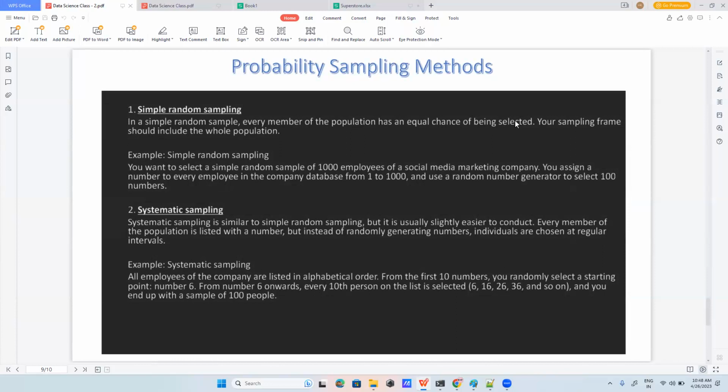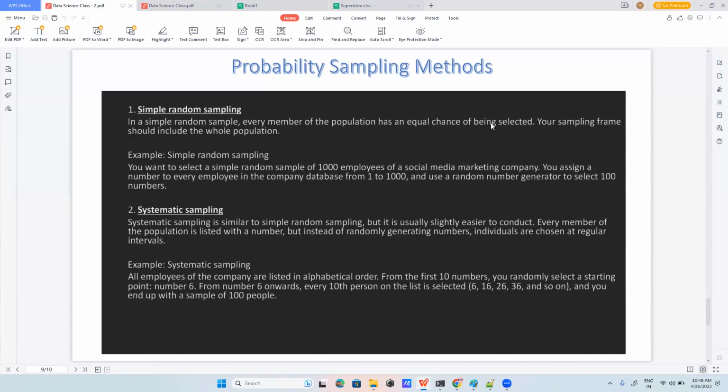I don't know who the 5 people are, and even the candidates don't know whether they will be selected, but they have a chance. So I draw some chits, selecting 5 chits randomly, and then I select those 5 people to complete the task. Each and every person has a chance of being selected. So that's simple random sampling, a kind of lucky draw you can consider.